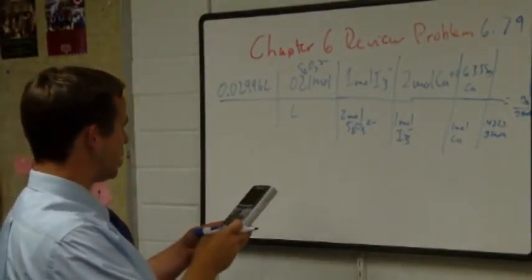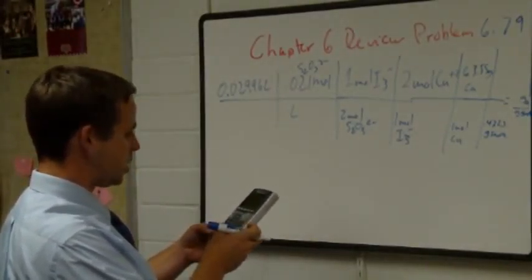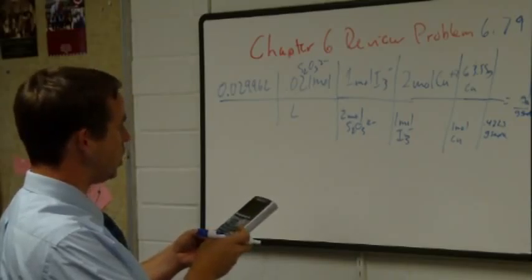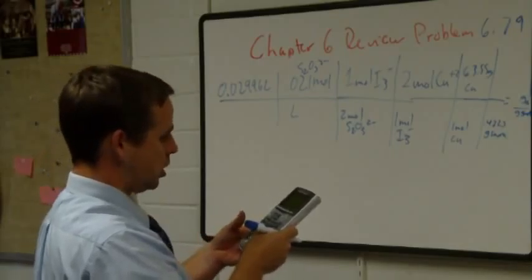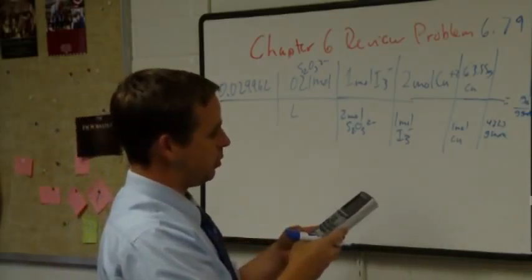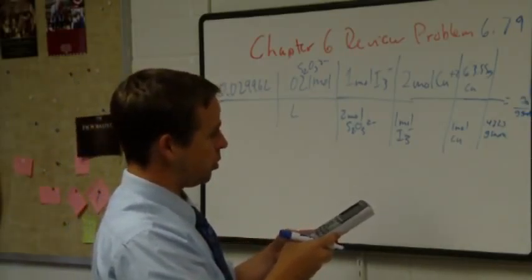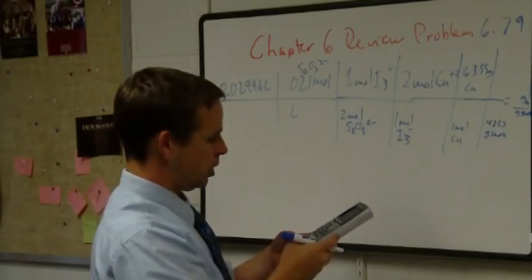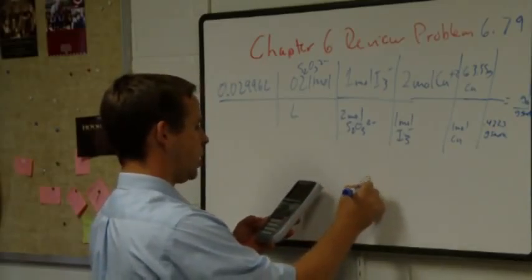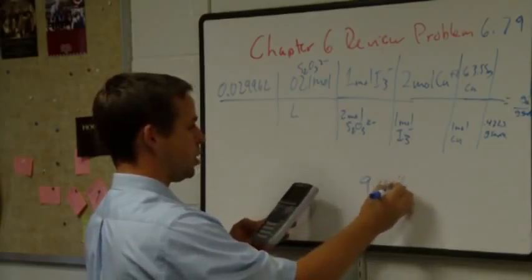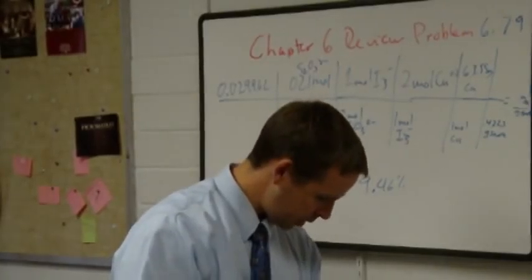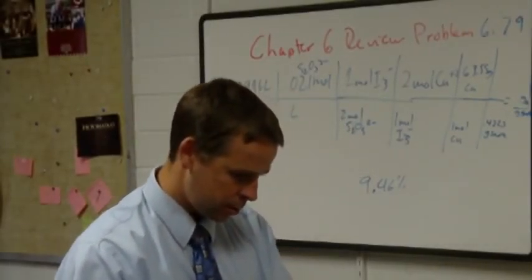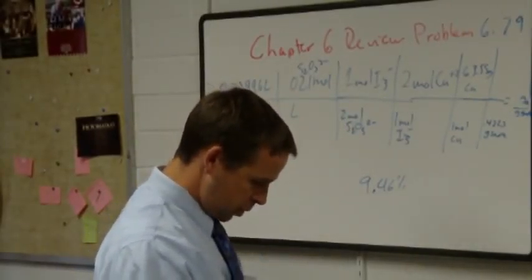So we have 0.02996 times 0.021 divided by 2 times 2 times 63.55 divided by 0.4225 times 100. So I'm looking at 9.46% copper. 679, 9.463% copper, that's right.